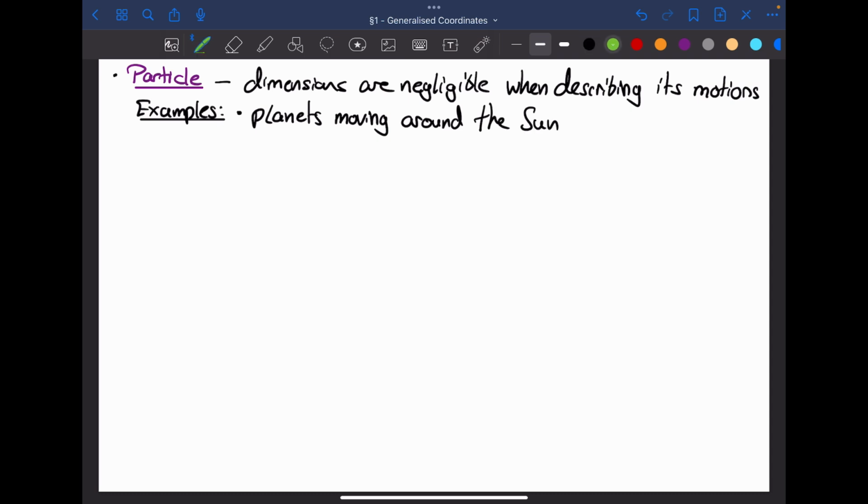So planets that move around the sun in their ellipses can be treated as a particle. However, planets rotating about their axes, that is not a particle.